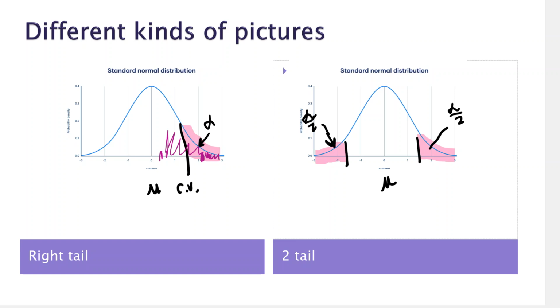Okay, so if alpha equals 10%, then this would be 5% here, and this would be 5% here. And then when you find your test statistic, I'm going to put it in the tail. If your test statistic is right here, half of your p-value would be here, and half of your p-value would be there.